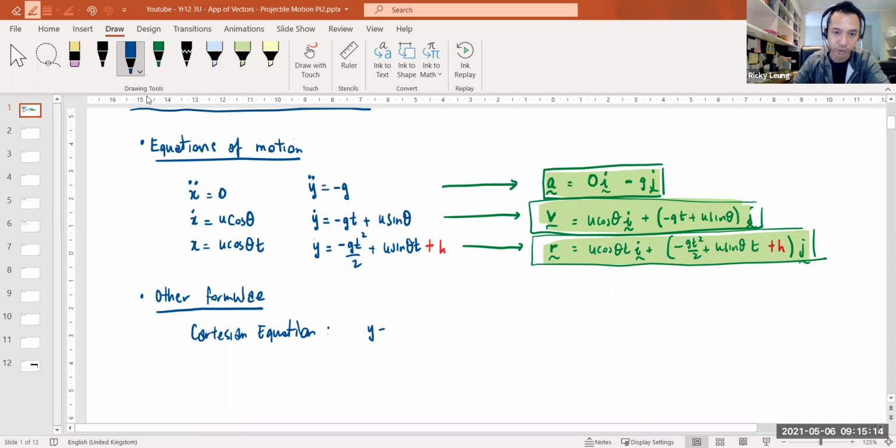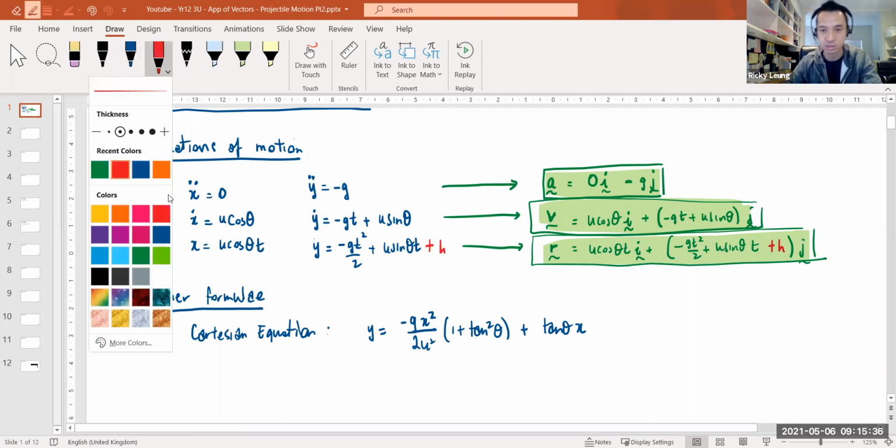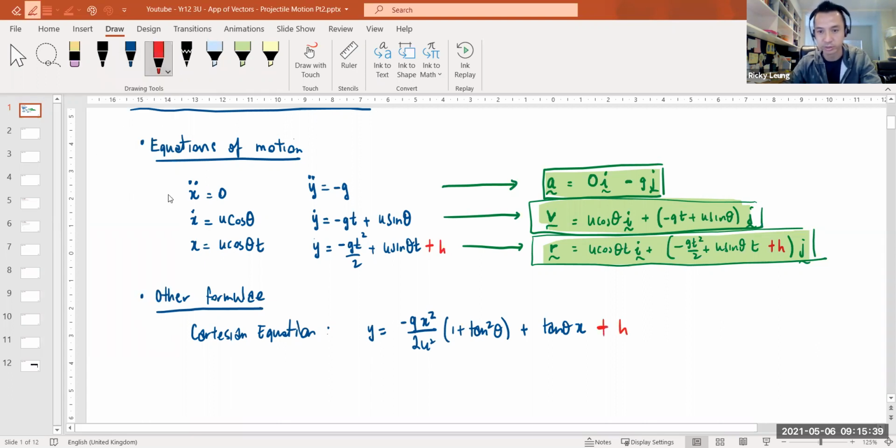When you solve the parametric equation for t, you get y equals minus g x squared on 2 u squared, bracket 1 plus tan squared theta, plus tan theta x, and once again, if we need it, plus h.